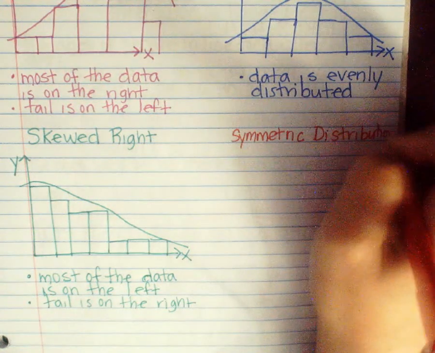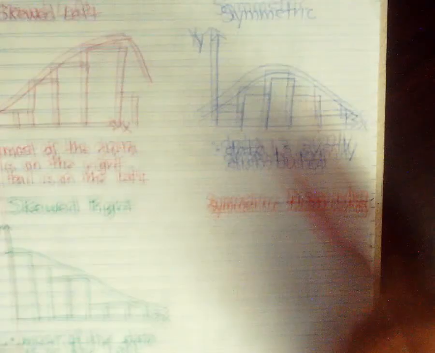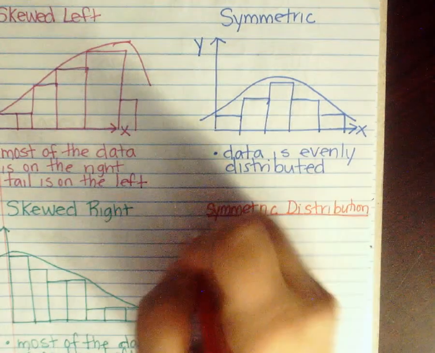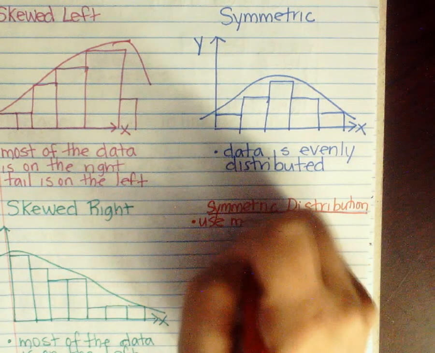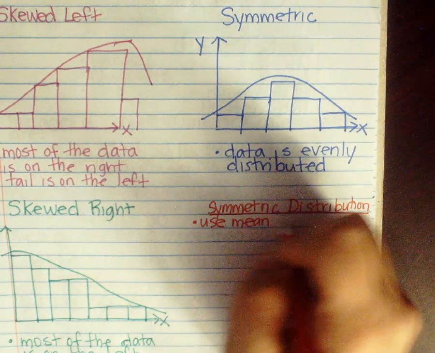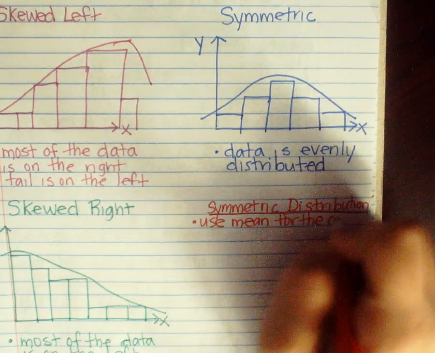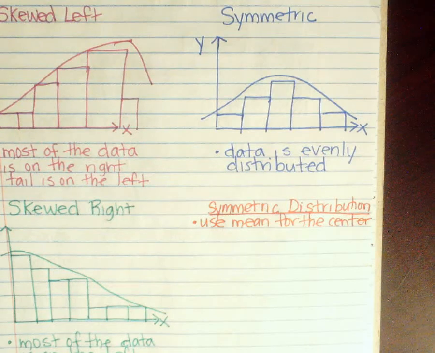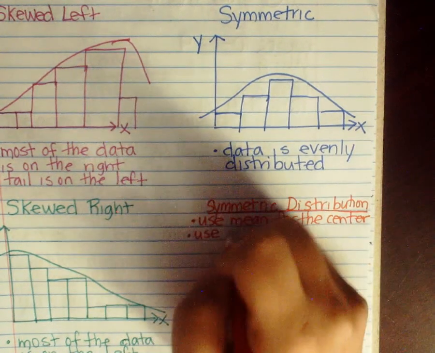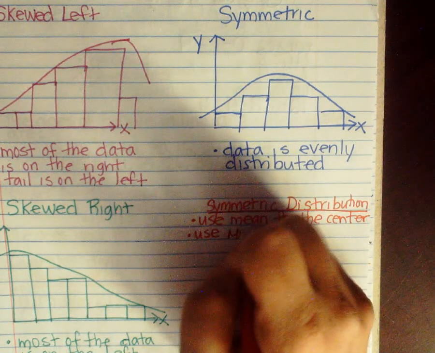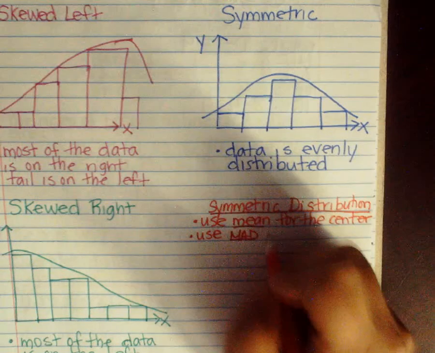If it's symmetric, which is the one right over here, we're going to use mean for the center, and use MAD for the spread.